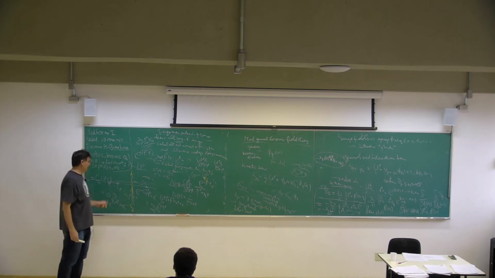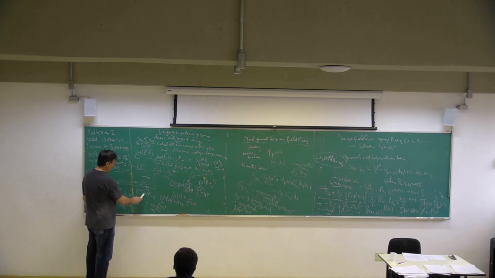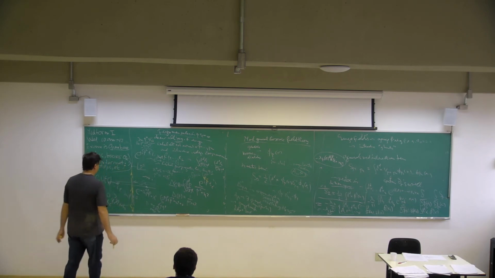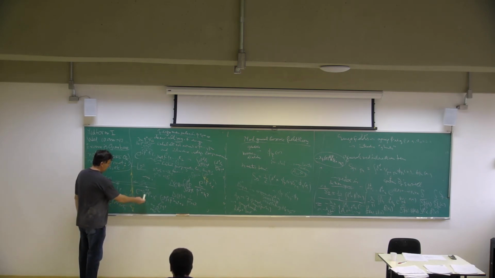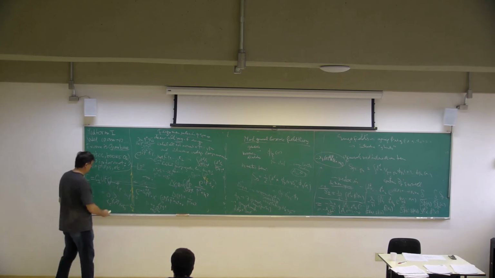There's no epsilon needed here. So you need one epsilon in one of the two, but in this one it works without the epsilon. It works just because I have the I from the Fourier and the I from the imaginary part. And so I get this decaying factor, right?